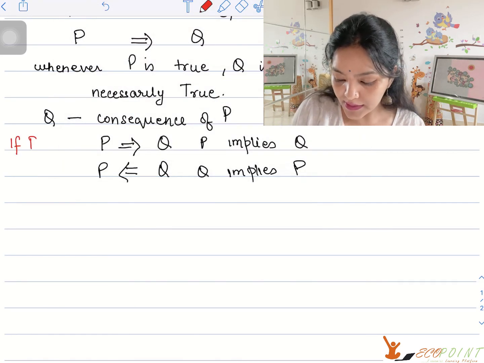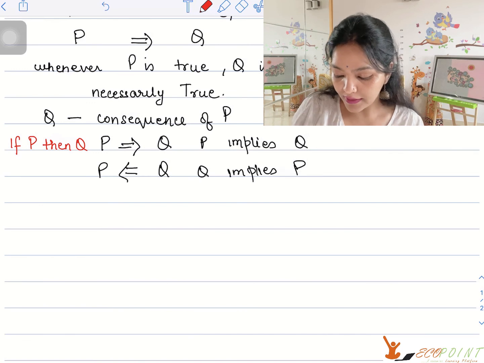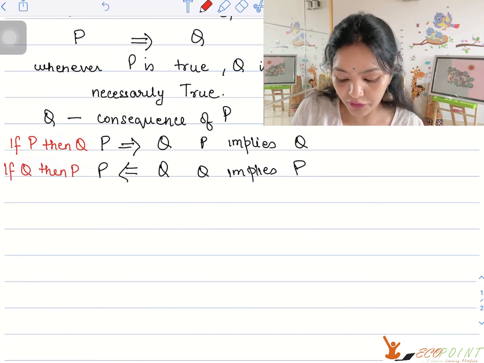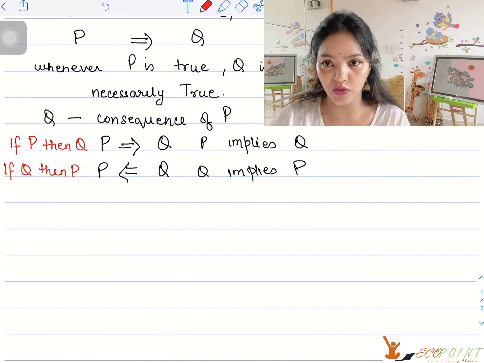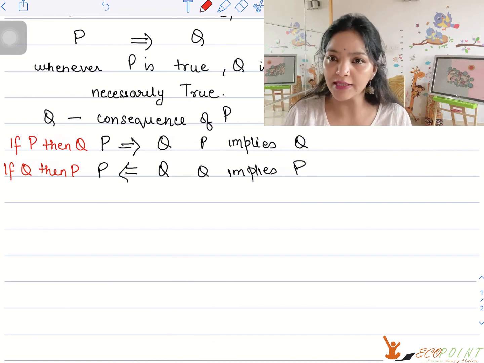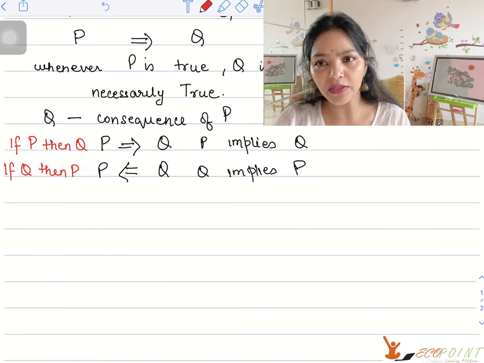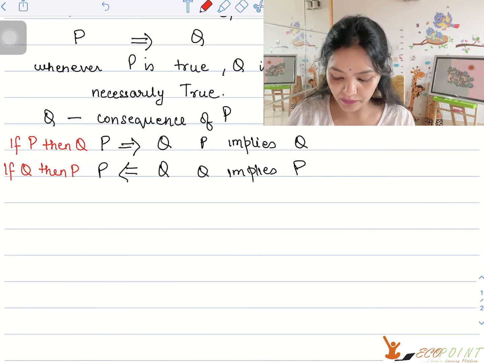So this statement is: if P, then Q. And the other way around is: if Q, then P, because that means that whenever Q is true, then P is true. These are also called if-then statements, or conditional statements. You always have a condition: if P, then Q.